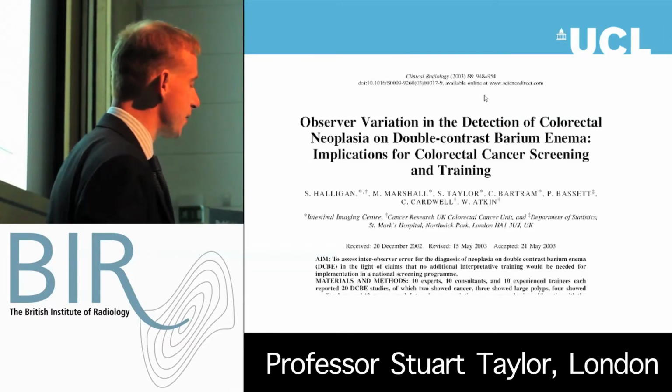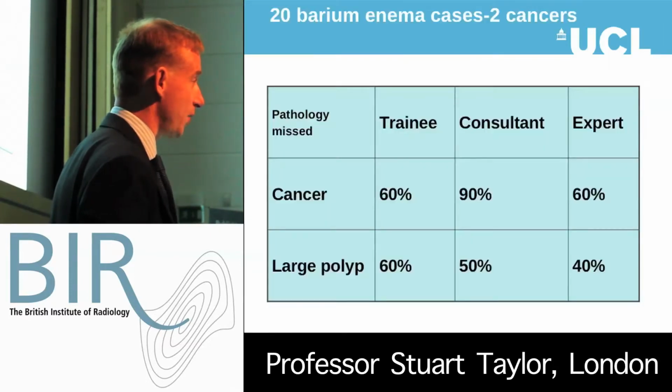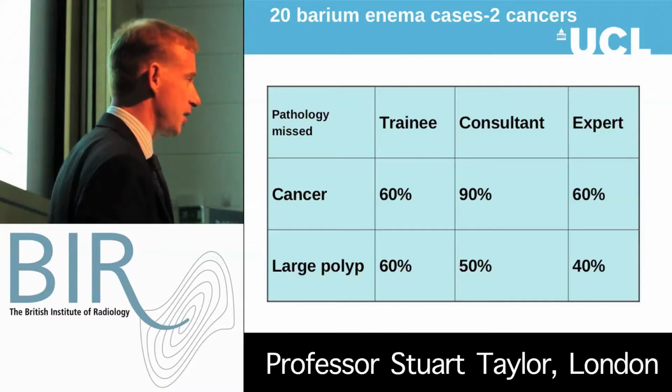And this is what was missed by the people looking at those around the UK in NHS practice. It's not what they saw, this is what they missed. 90% of consultant radiologists missed at least one of the cancers on the barium enema, as did 6% of trainees and 6% of people who classify themselves as experts. So there was clear evidence that the interpretive skills for barium enema were getting less amongst radiologists.